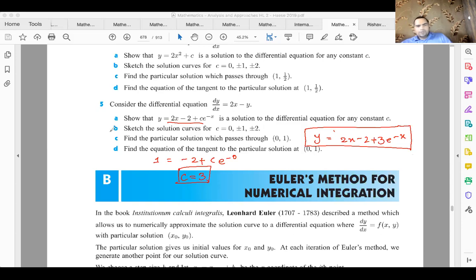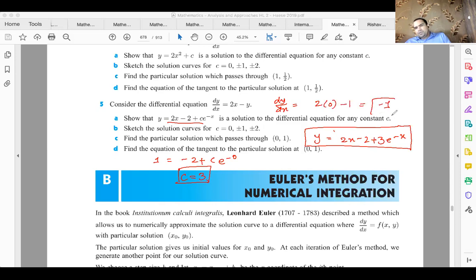Next, we are asked to find the equation of the tangent to this particular solution at (0, 1). You already have the derivative expression, so you don't need to differentiate again. dy by dx is nothing but you just plug in the x value: 2 times 0 minus 1.